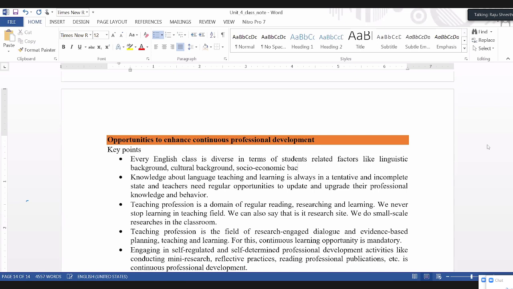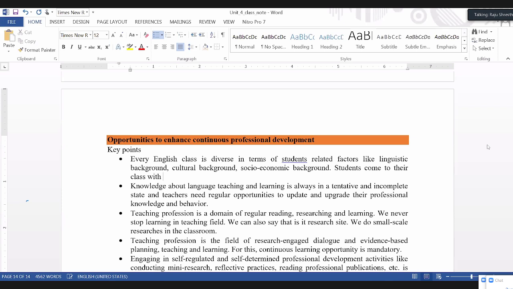Students come to their class with different learning expectations.